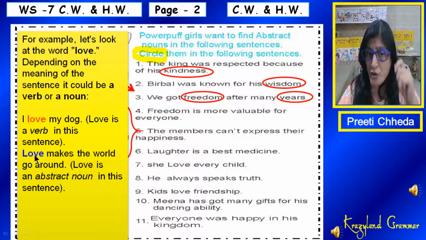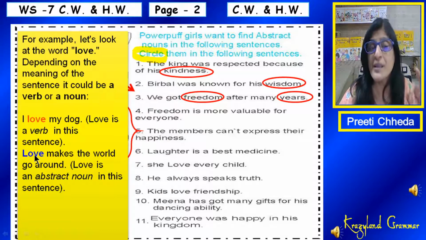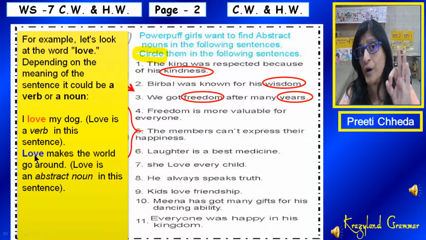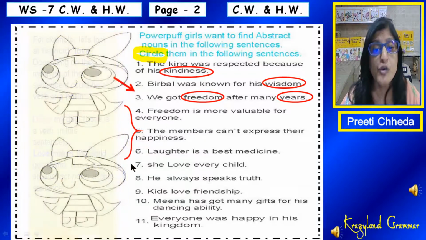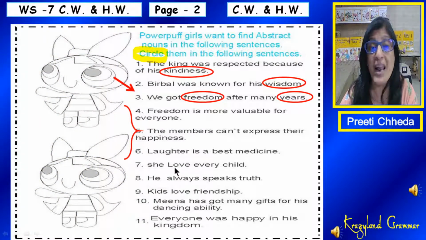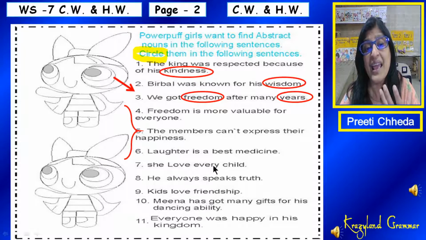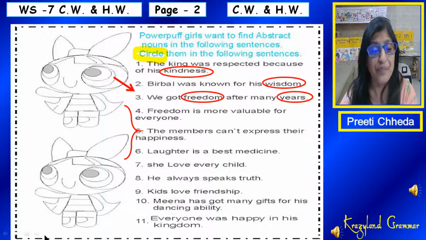So you need to be very clear with some of the words whether they are verb or noun. So let us read. She, no. Love. See here, there is a mistake. Either you need loves here, or you need to change she to they.